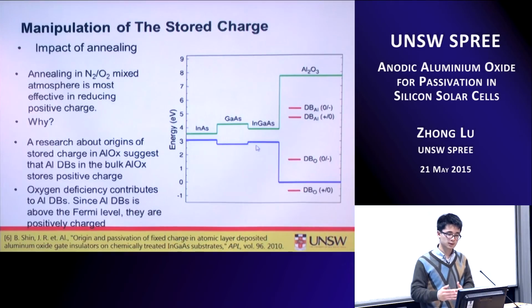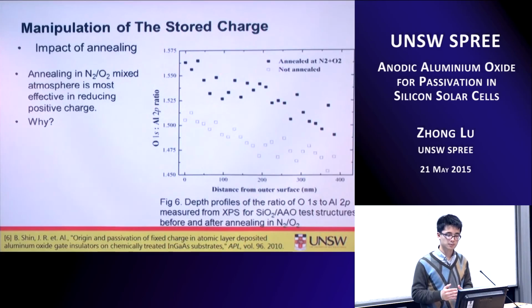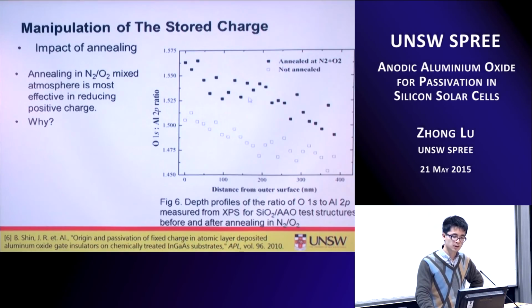So in order to test this assumption, I've done some XPS profiling of my samples. Here I show the oxygen to aluminium ratio for my samples before and after annealing, and that's the depth profile. Here is 1.5. If you have an oxygen to aluminium ratio lower than 1.5, it means you don't have enough oxygen, so you have oxygen deficiency.